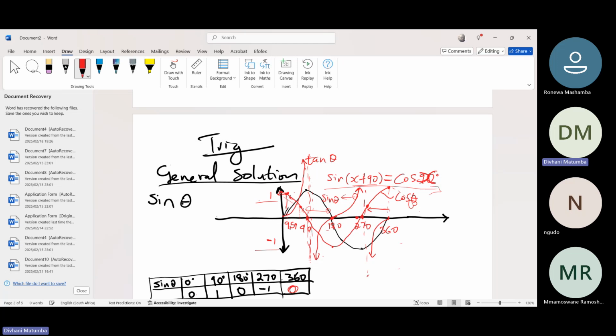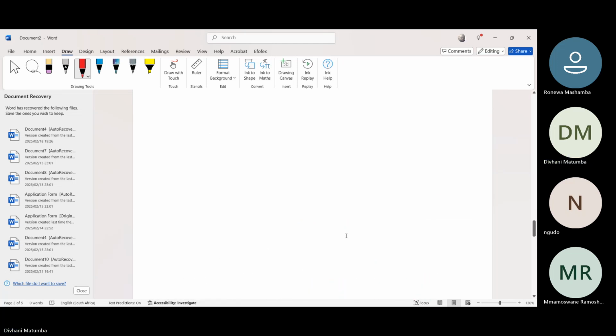However, if I continue drawing this horizontal line, it is going to cut somewhere there, which according to our general solution is 360 minus the angle, takes us back to that point. So these are the two points you will have when dealing with the cos graph.